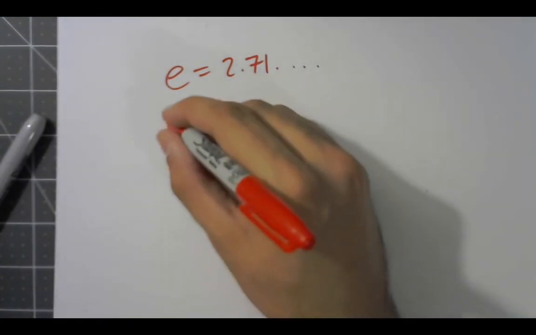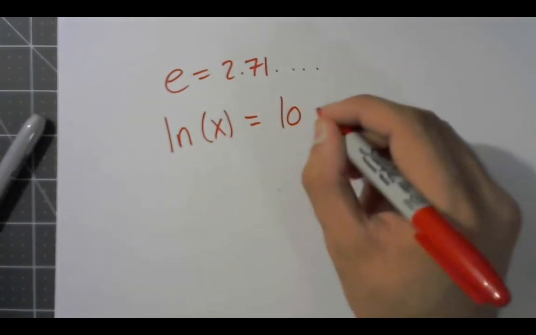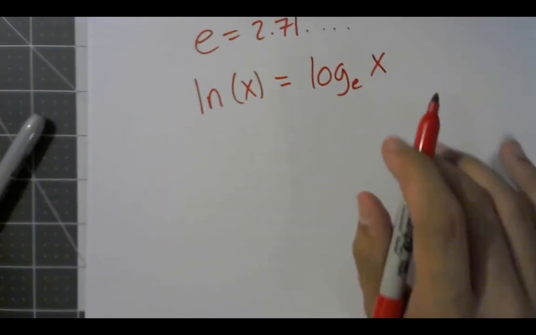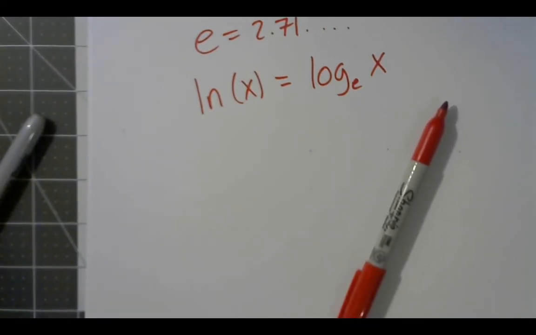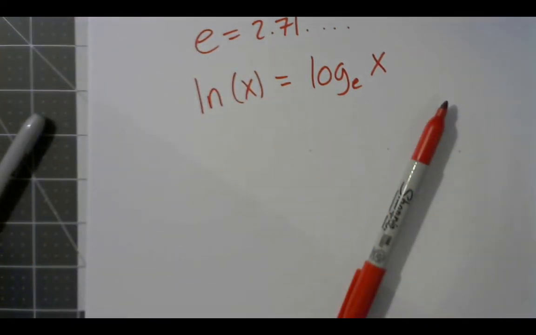So if I have a natural log, let's just say of x, that's the same thing as log base e of x. So let's do a little problem. Natural log of x, log base e of x. Let's do a good problem, if you know what I mean.